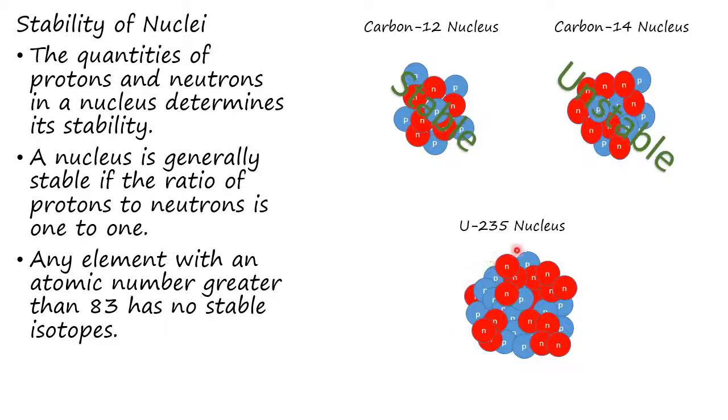Since there are so many protons within this nucleus and they all have the same charge, they repel each other, and there are just too many in the nucleus, so the electrostatic repulsion causes the nucleus to break down. So any element with an atomic number greater than 83 has this similar problem and has no stable isotopes, and every isotope of an element with an atomic number greater than 83 will undergo radioactive decay.